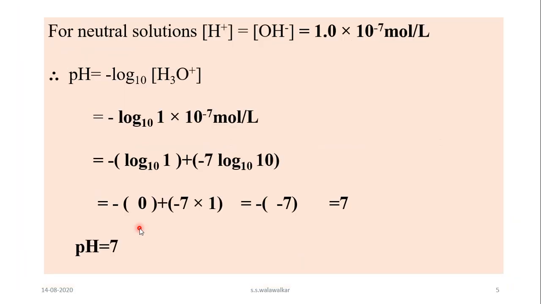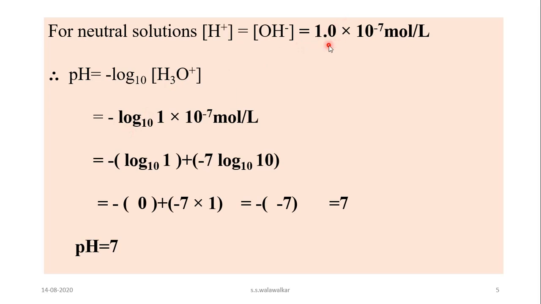For a neutral solution, as we studied in the last video, the molar concentration of hydrogen ion is equal to the molar concentration of OH ion, and it is equal to 1 into 10 raised to minus 7 mole per liter. And you know the formula: pH is equal to minus log to the base 10 of the hydronium ion concentration.